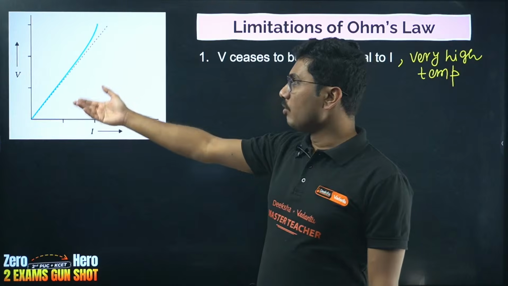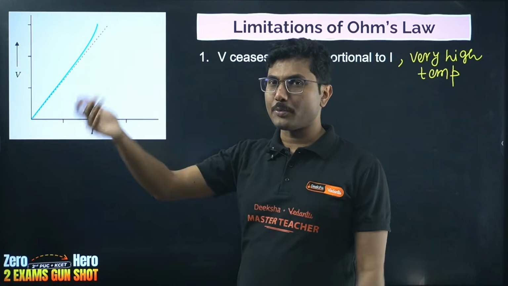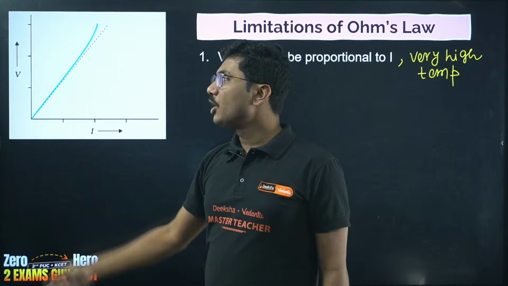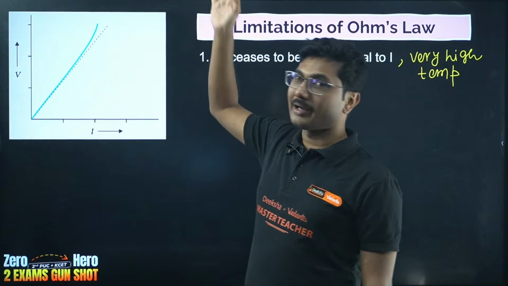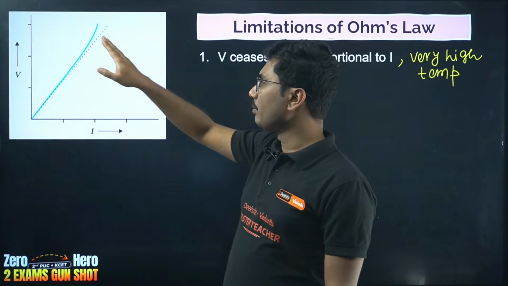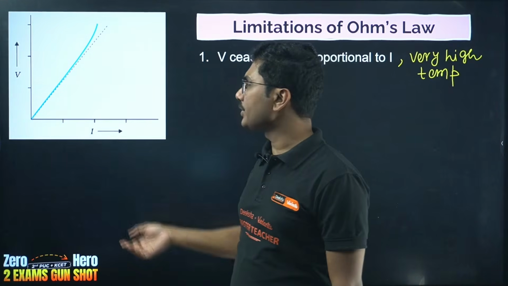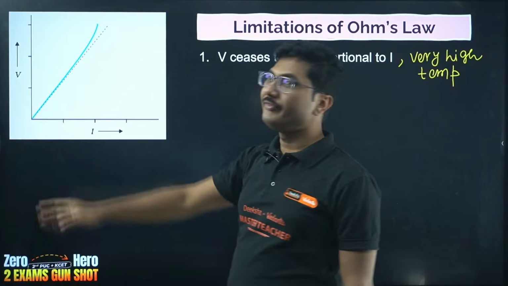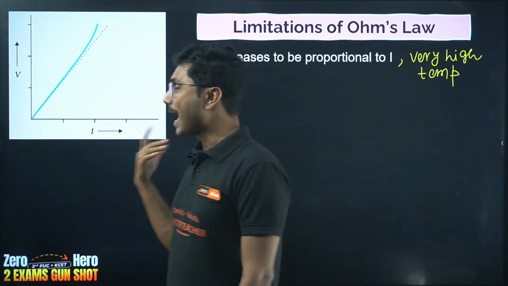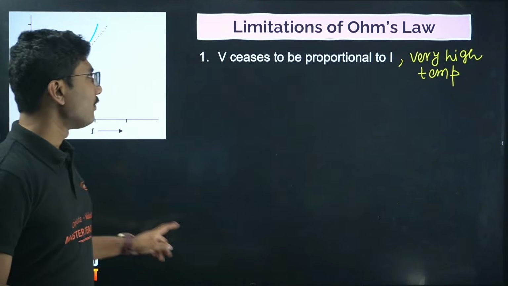Ohm's law, normal V versus I, is direct proportionality. Direct proportionality means we are expecting a straight line graph passing through the origin. But if V is no longer proportional to I at higher temperature, the graph deviates from the straight line path, and Ohm's law is no longer valid.